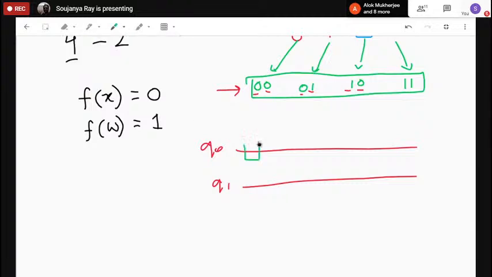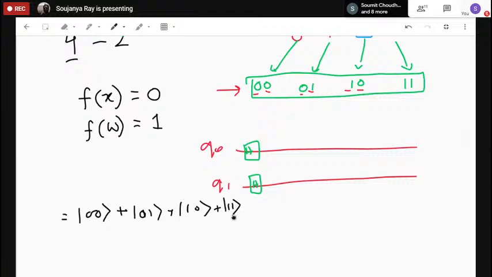And if you put a Hadamard gate in front of the 2 qubits, what it does is it brings these 2 qubits into a superposition state. Now, what do I mean by superposition state? I'll just write it down. So the superposition state will look like 00, 01, 10, 11.